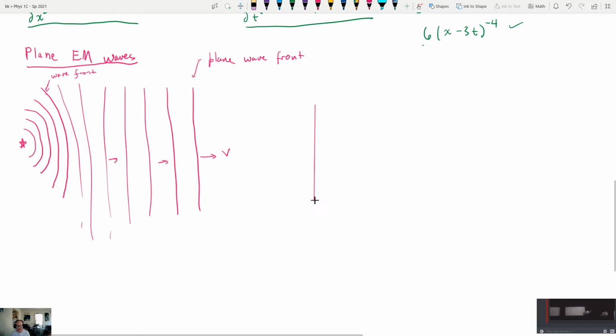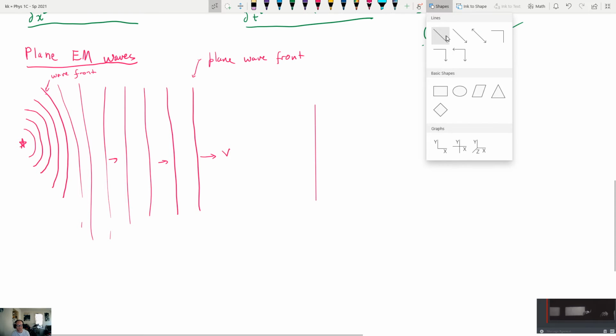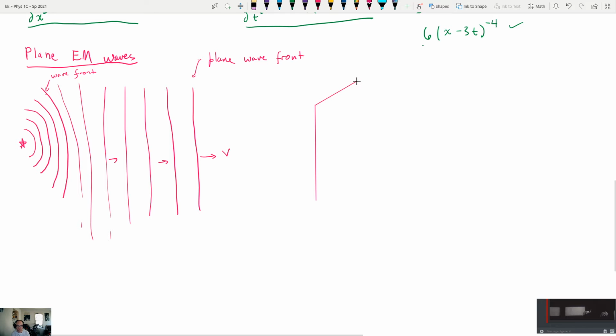So our wavefront is going to have a form. It's going to look something like this. So there's a plane, just what you think of as a plane, right?